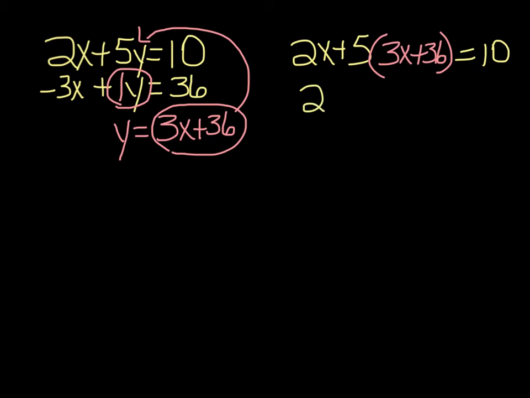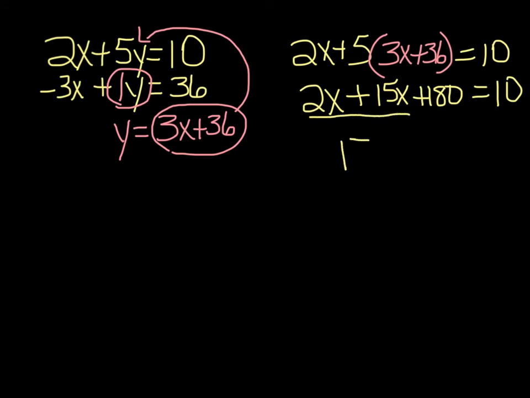Now we have 2x. We'll distribute our 5. That's going to be plus 15x plus 180 equals 10. Now we'll combine our like terms. 2x plus 15x is 17x. We'll subtract 180 from both sides, and that's going to equal negative 170.